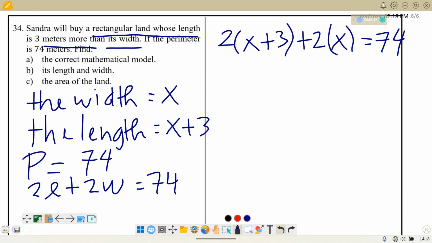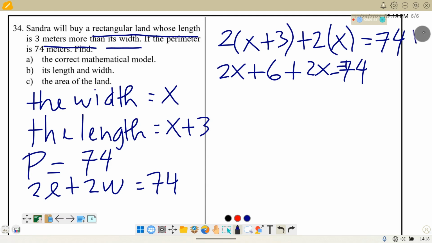So here we have 2x plus 6 plus 2x equals 74. So this is the mathematical model. Actually, until right here you are correct, and you can also open the brackets like this, which is also correct.